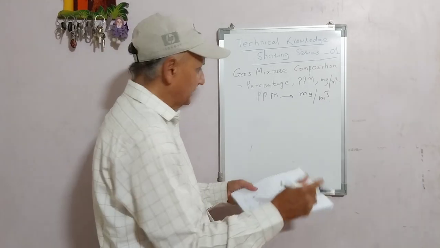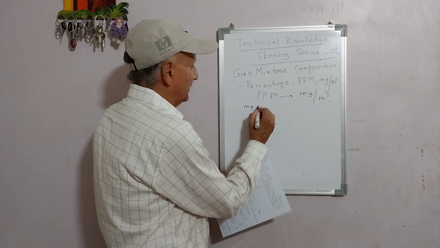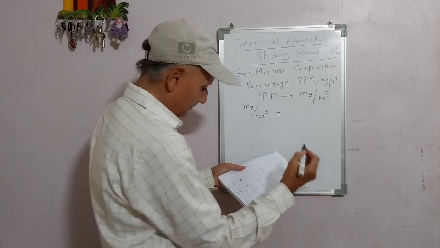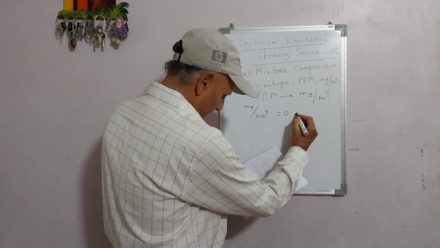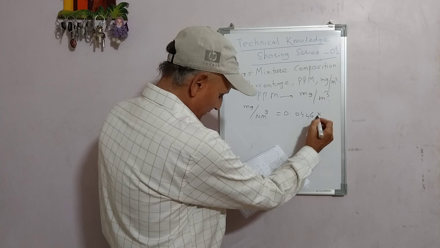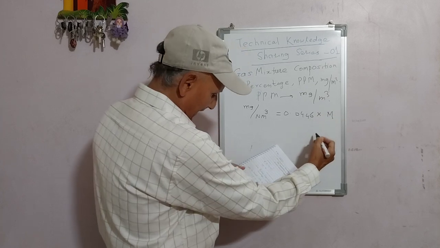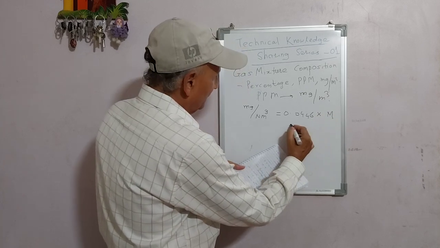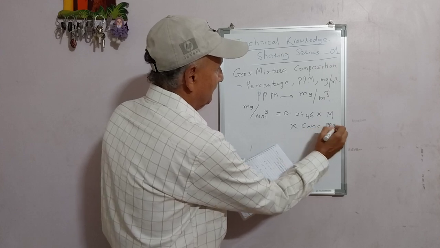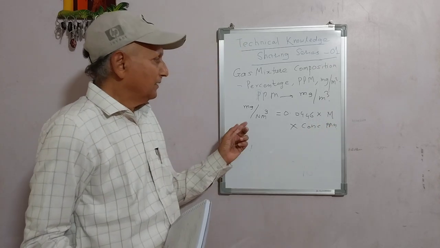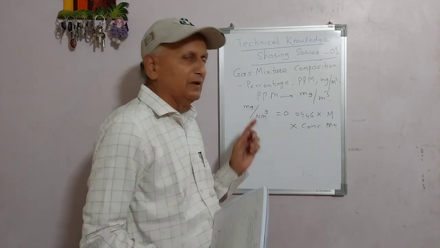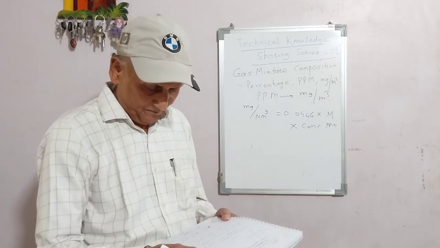So milligram per normal meter cube is equal to 0.0446 into the molecular weight of that gas into the concentration in ppm. This is the formula to convert ppm into milligram per normal meter cube.